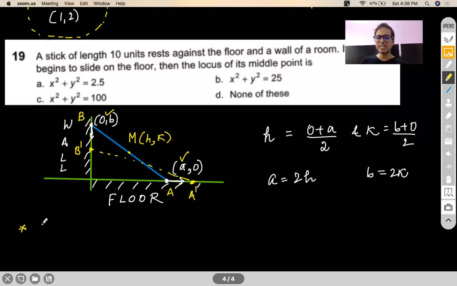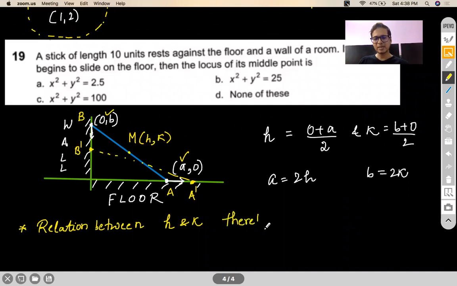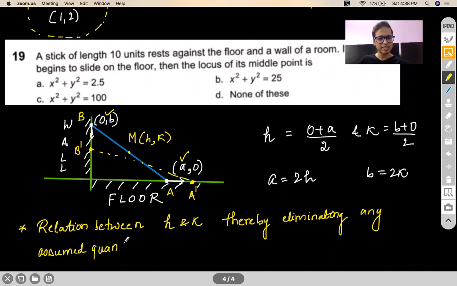You have to get a relation between H and K, thereby eliminating any assumed quantity slash parameter, if any.